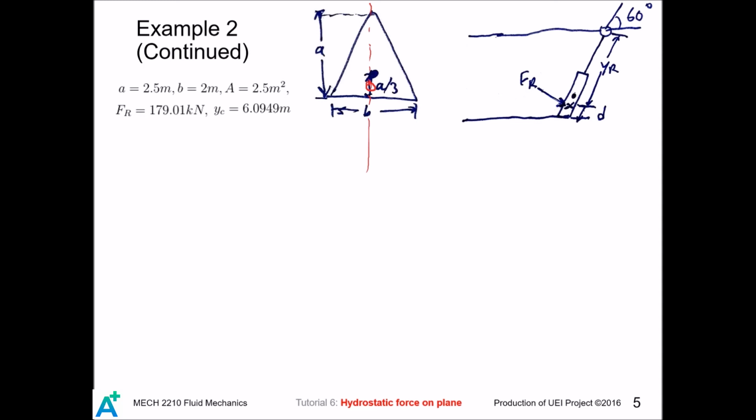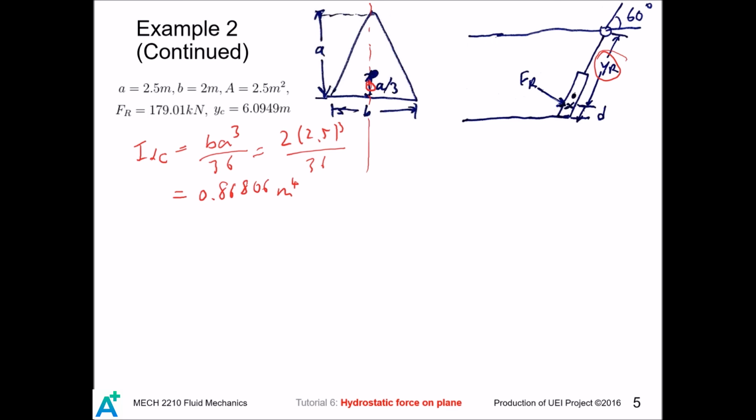To locate the pressure center's y-coordinate, we have to find IXC, the moment of inertia about the x-axis at the centroid, first. From the table, we find that IXC equals B A cubed divided by 36, and that is 2.5 times 2 cubed over 36. That is 0.86806 meter fourth power.